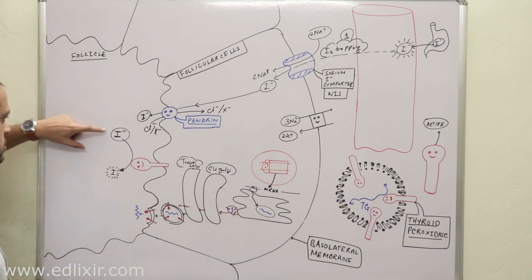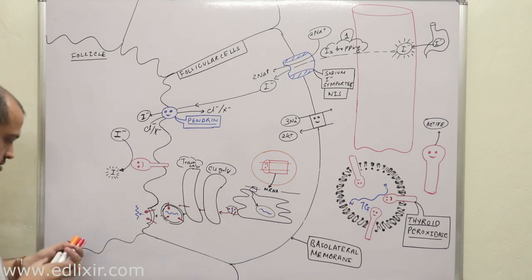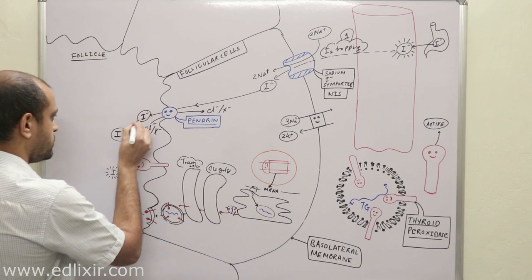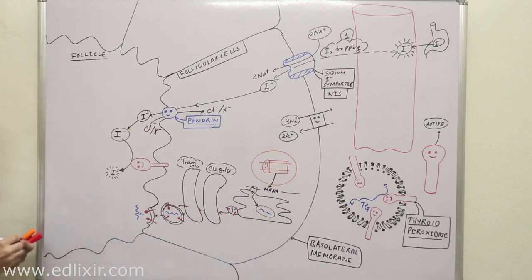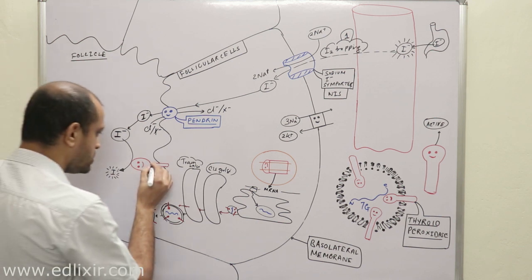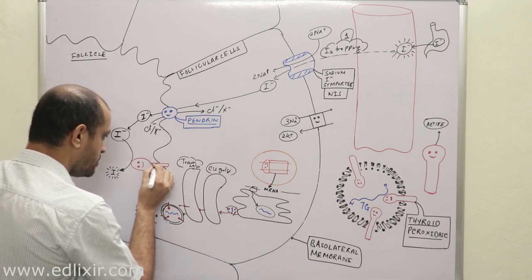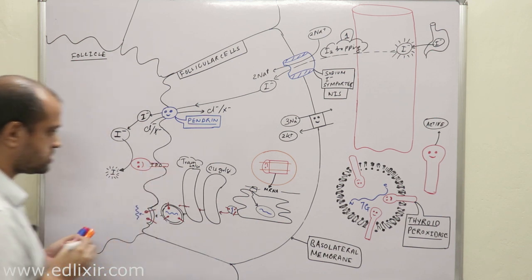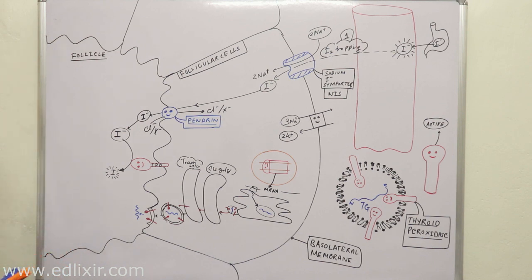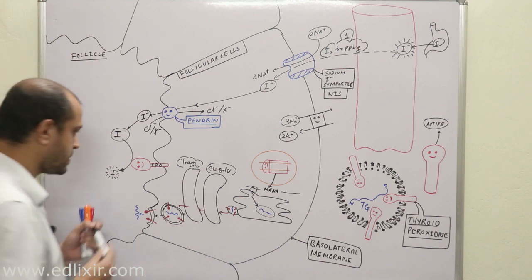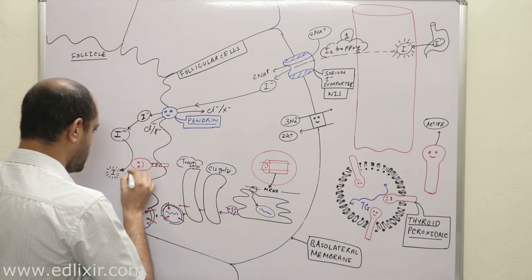For the conversion of iodide into iodine, this thyroid peroxidase molecule requires an H2O2 molecule, hydrogen peroxide.